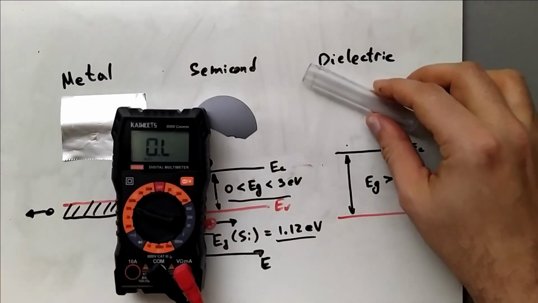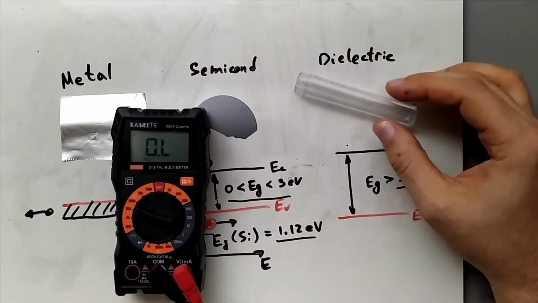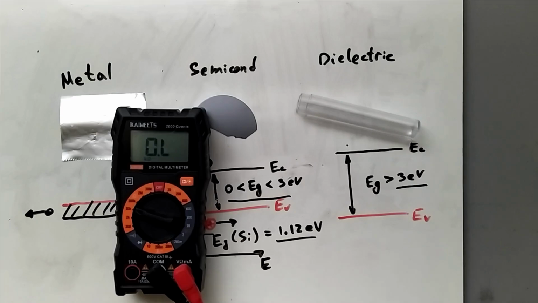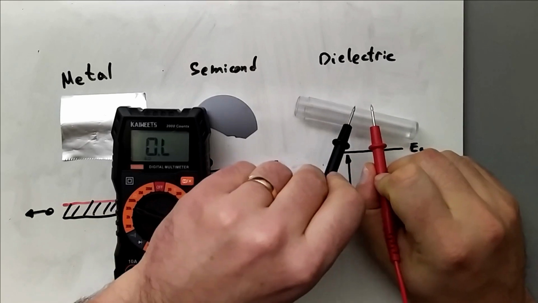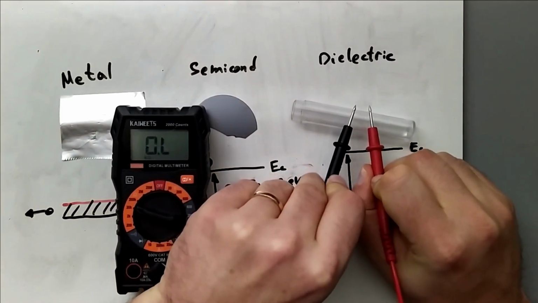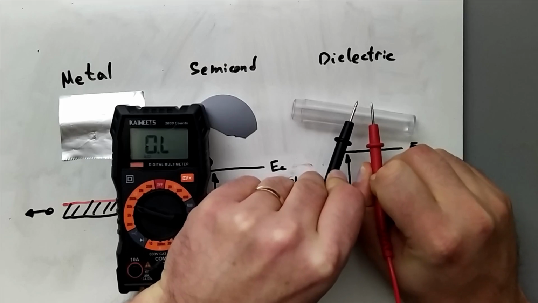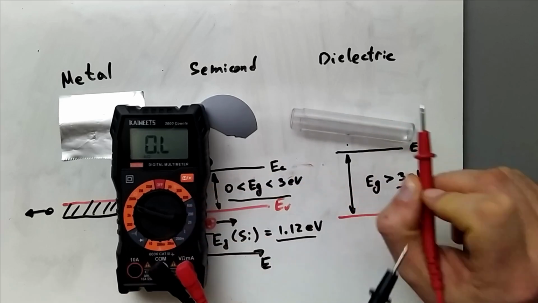And here we have some example. I just found some plastic tube. So it's a solid state material, but let's check its electrical conductivity, like electrical resistance. We see there is no signal, meaning current doesn't flow through this material.